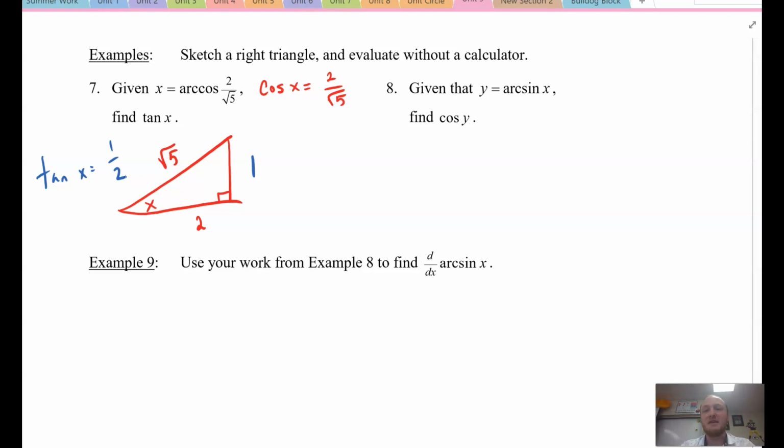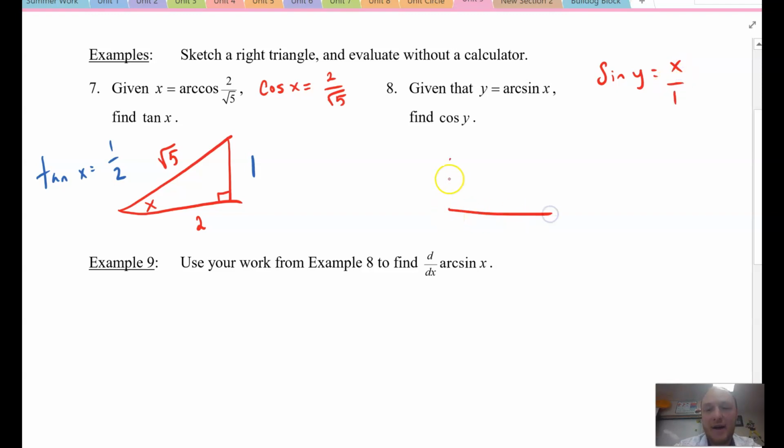Number 8, they say given that y is equal to arc sine of x, find cosine of y. So I'm going to do the same kind of process here. I'm going to rewrite this. So sine of each side, so sine of y is equal to x, and the denominator is 1.